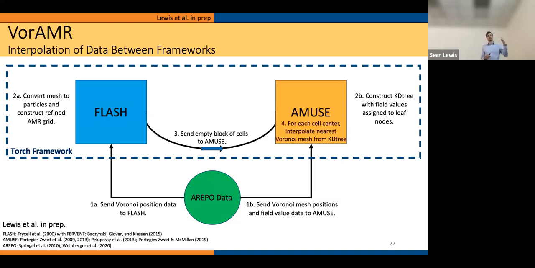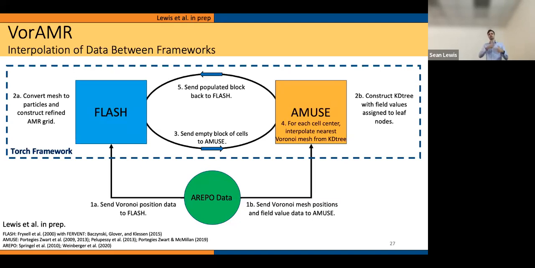Muse will then look at each of the cells within that block, and using this k-dimensional binary tree, will look up the nearest Arepo data point to each of those cell centers, and it will interpolate data into that. Then through the interface, Muse sends that information about that now populated block back to Flash. This process repeats for each block, so there can be thousands or tens of thousands of blocks.